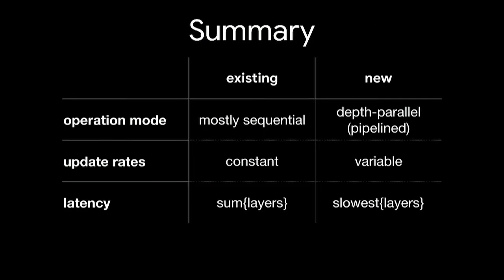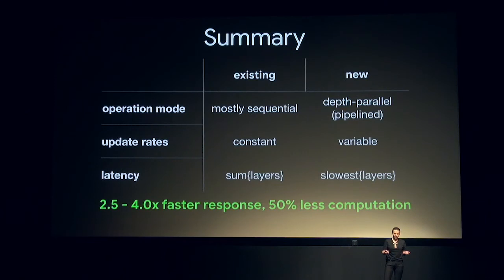Now, the important result of all this is that initially I said that the latency of a network is given by the sum of the computational times of all the layers in the network. Now, very importantly, with our design, the latency is now given by the slowest of the layers in the network. So in practice, we obtain up to 4 times faster response.